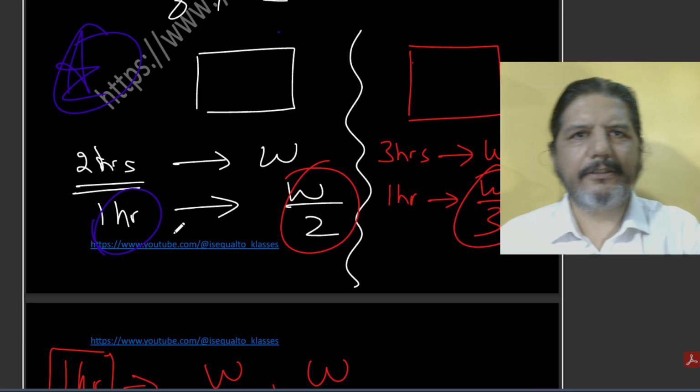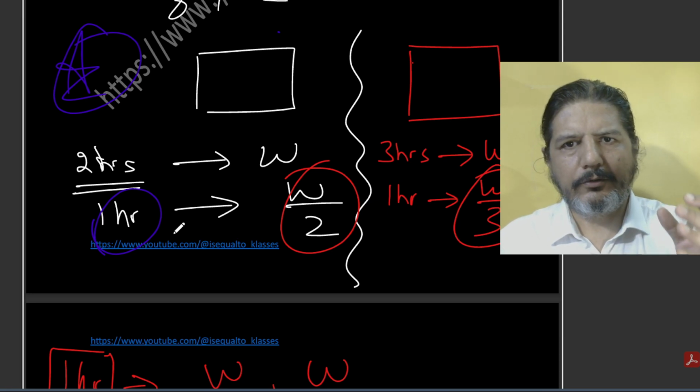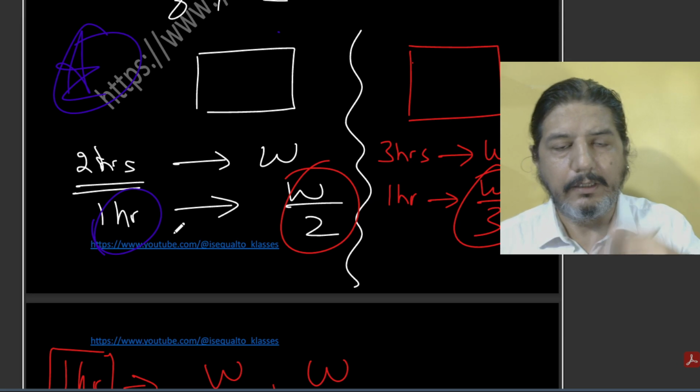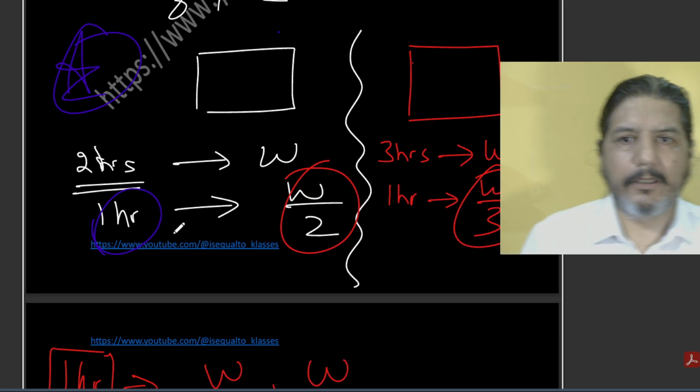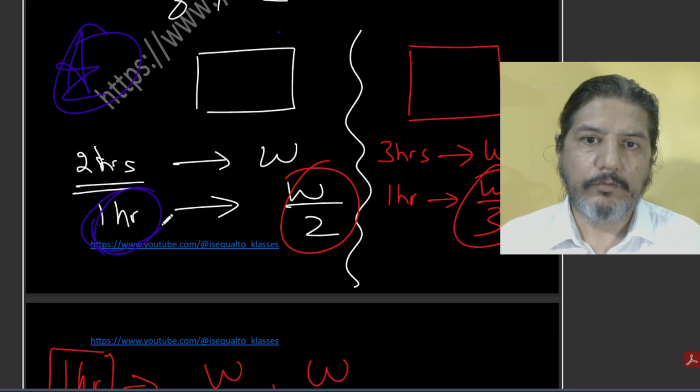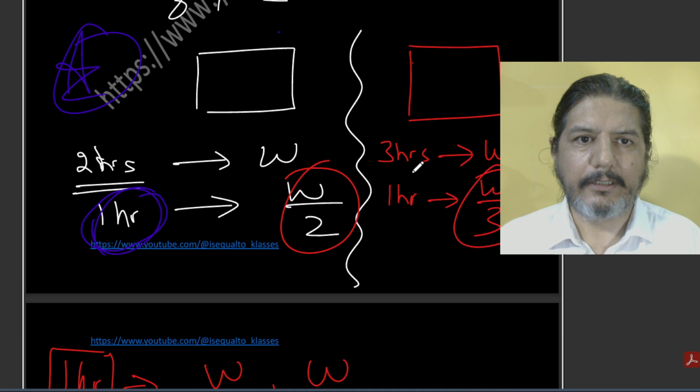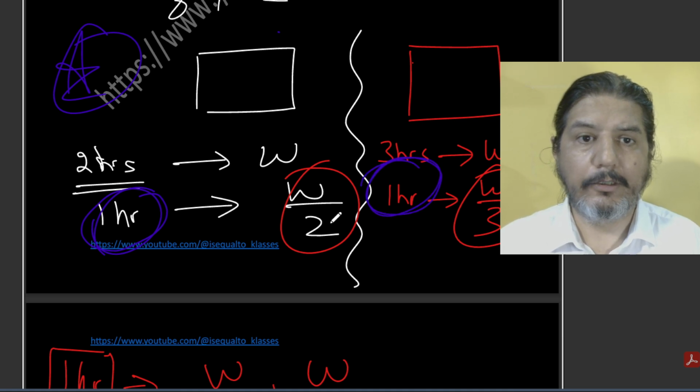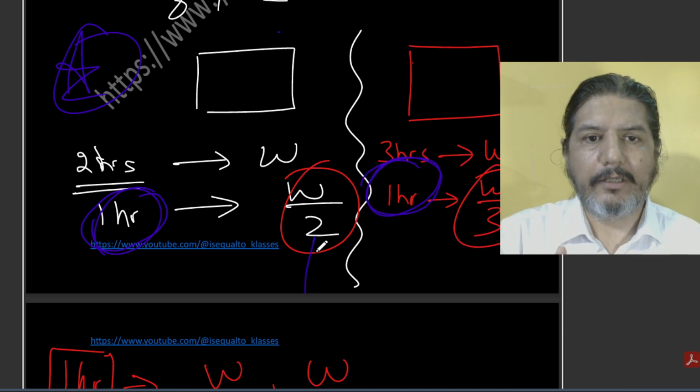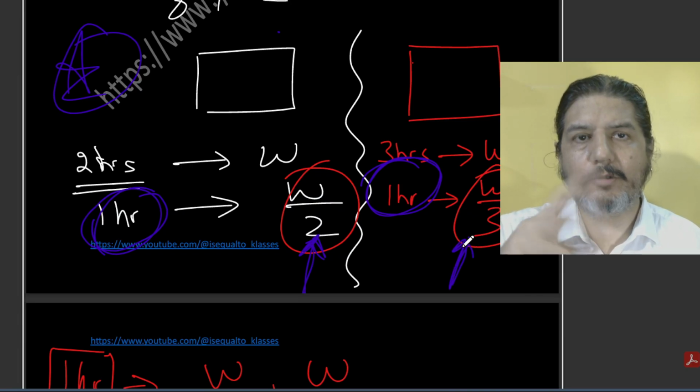So this relation has to be understood. Once you have understood this, you will understand that if these two people are working together in 1 hour, this person would have completed half the work, this person would have completed 1/3 of the work.